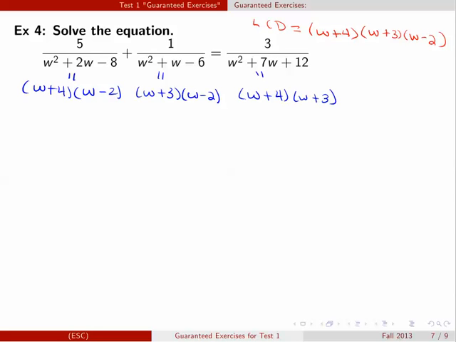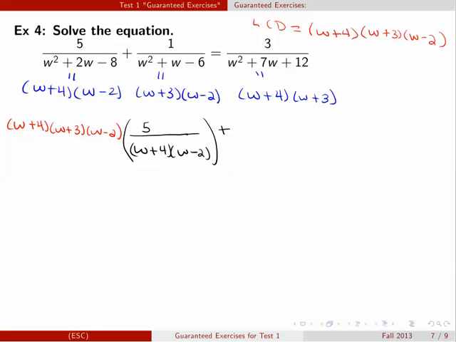So I'm gonna take this LCD and I'm gonna multiply the first fraction. Now when you multiply by the LCD, you want to keep the denominator in factor form. This makes the job a lot easier. Okay, so that's my first fraction.